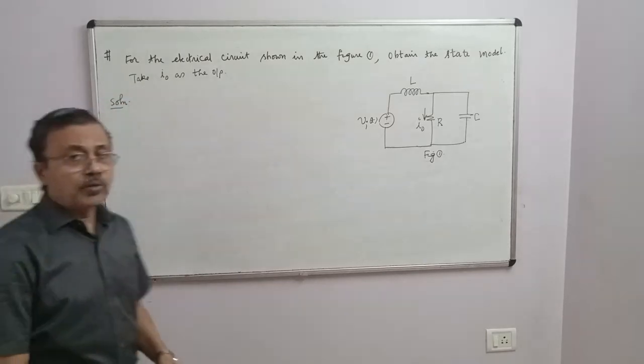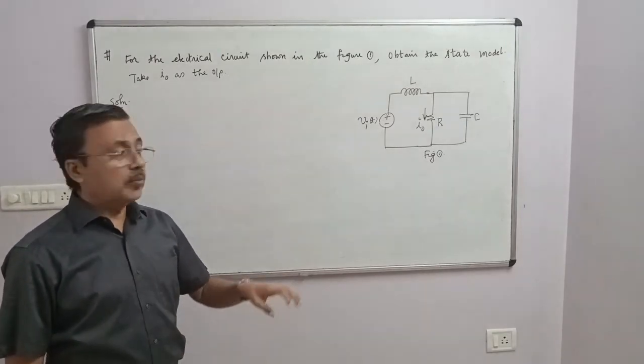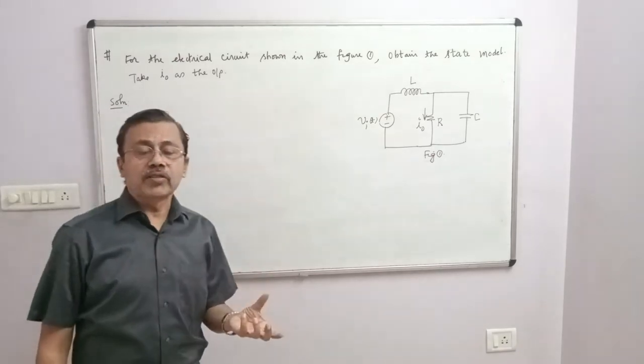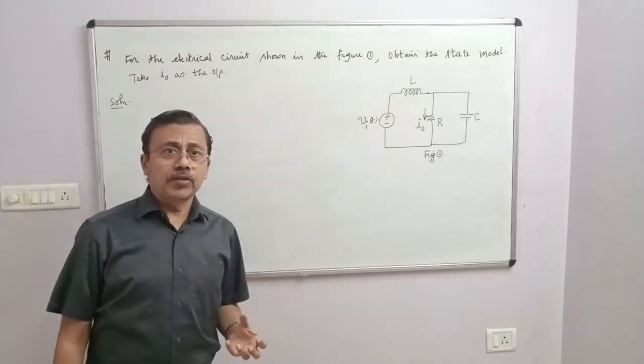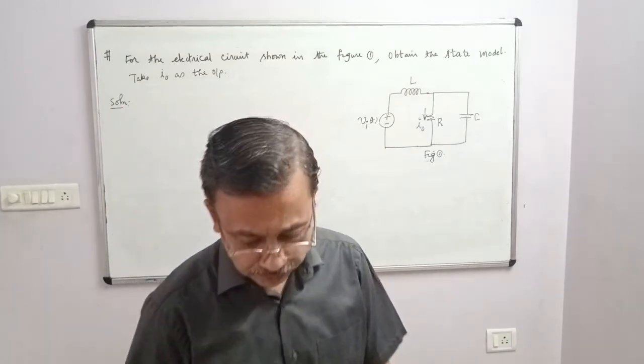First step is to know how many state variables are required. Number of state variables required is equal to number of energy storing elements. Number of energy storing elements means number of inductors plus number of capacitors.